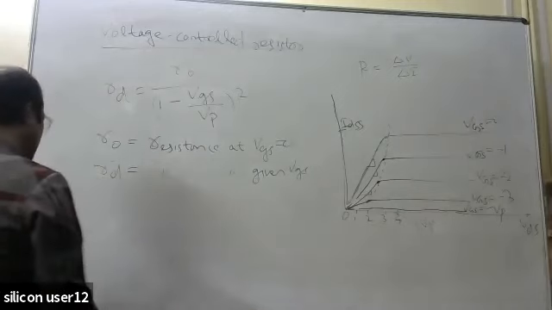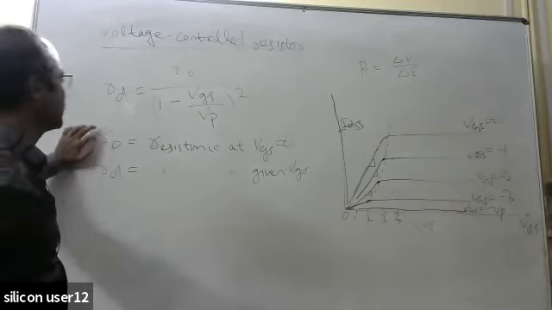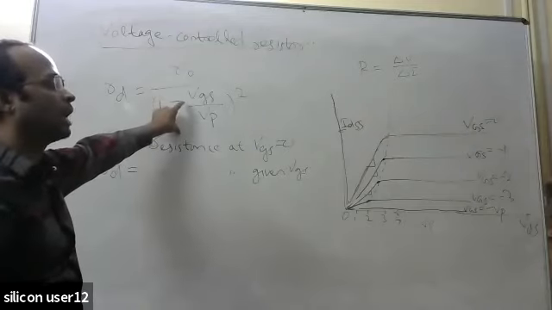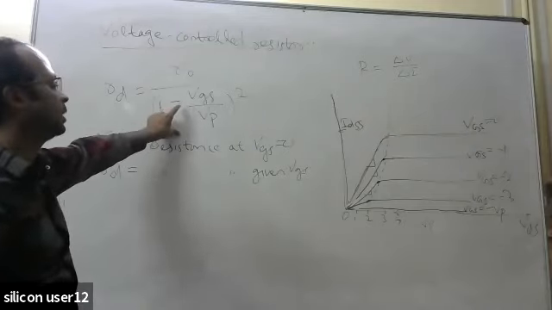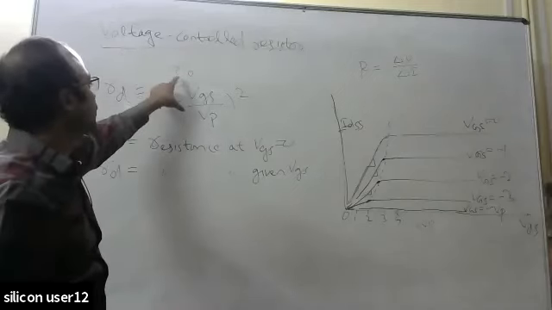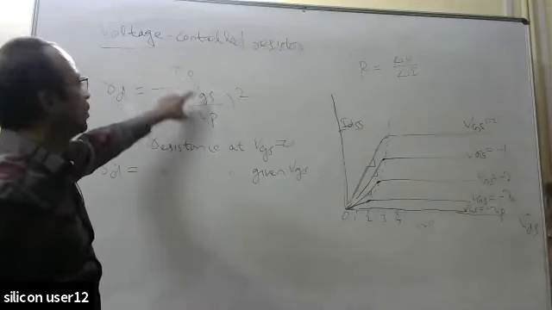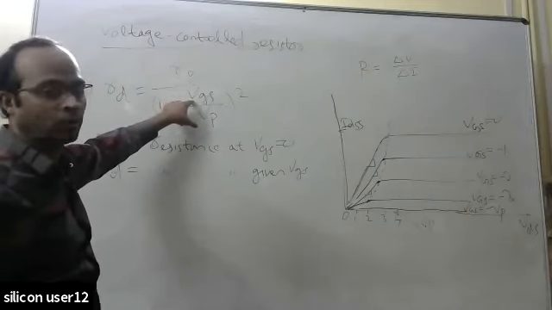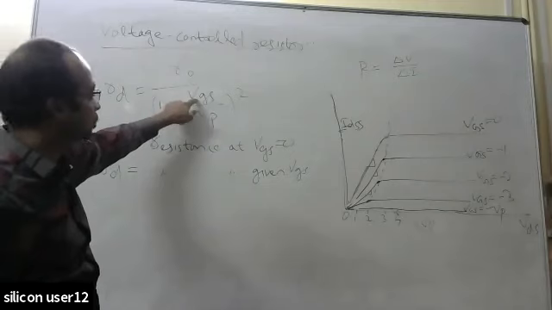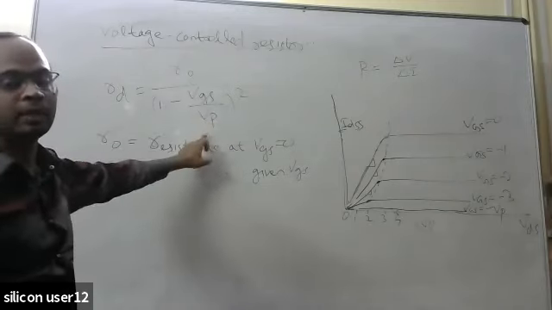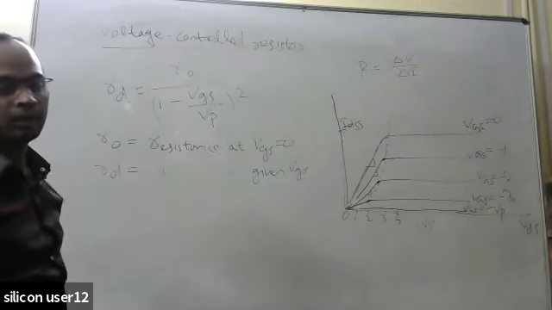Basically, let us say R0 is given to you, and it is asked to find out how much will be the resistance when VGS is minus 2. What you have to do in this formula, you put R0, which is given. VGS is minus 2 volt, so you put minus 2, and VP, the pinch off voltage of this JFET, will be given.